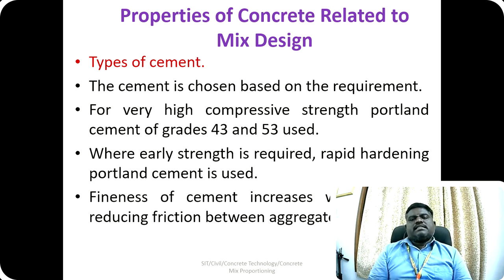The CSH gel, calcium silicate hydrate gel, is purely responsible for achieving the strength of the concrete. So the types of cement, we have three grades of cement in olden days, such as 43 grade, 53 grade and 33 grade. Nowadays cement with the grade of 33 is not in use.